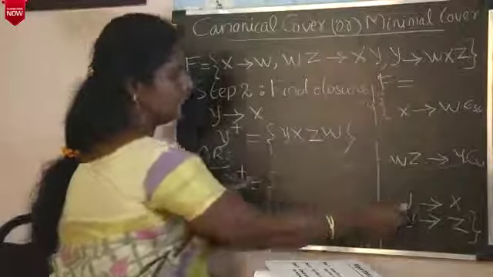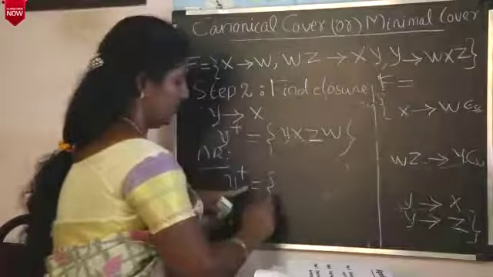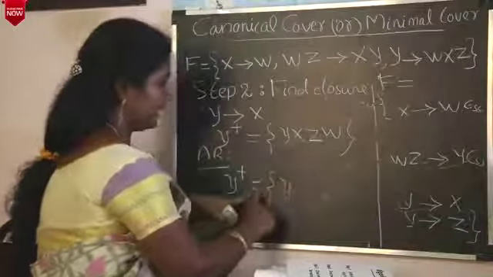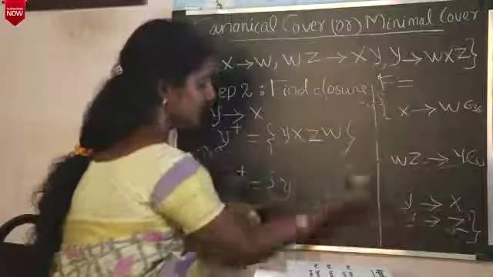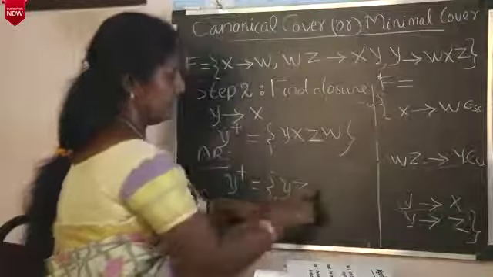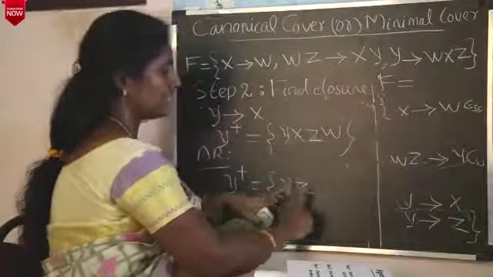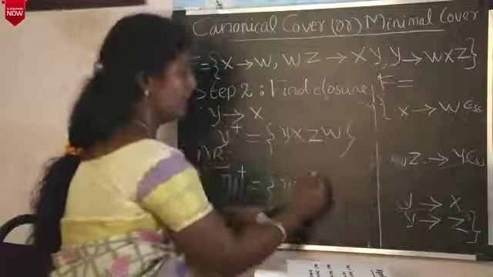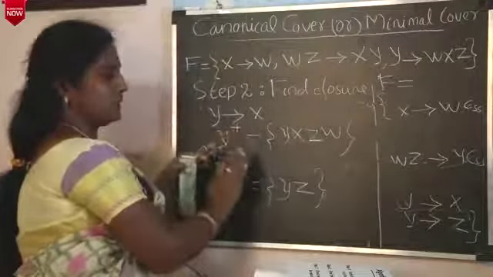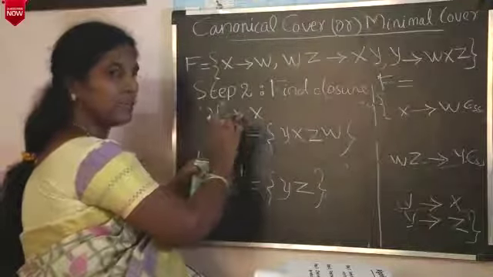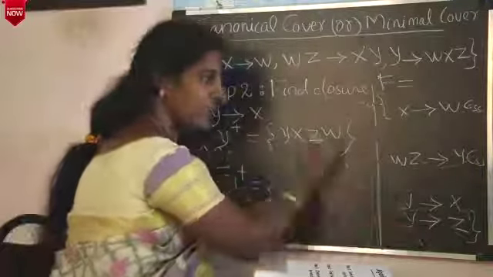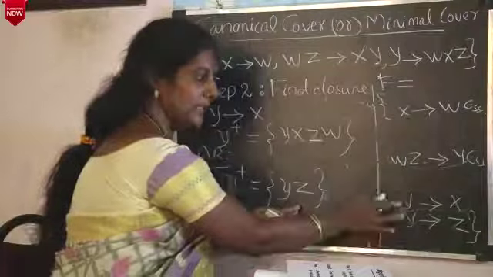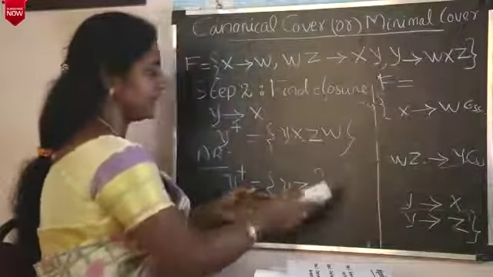We assume that it is removed now. So y determines itself, y determines z, z determines nothing, and y z combined also determines nothing. So we have to keep this functional dependency in the final set. We cannot remove this. This is also an essential functional dependency.